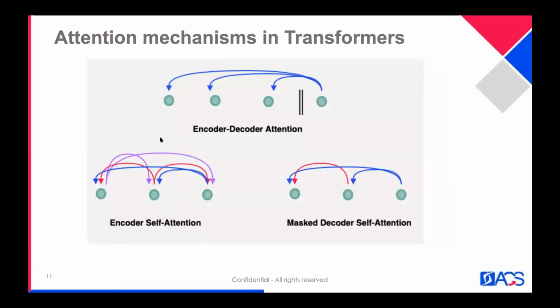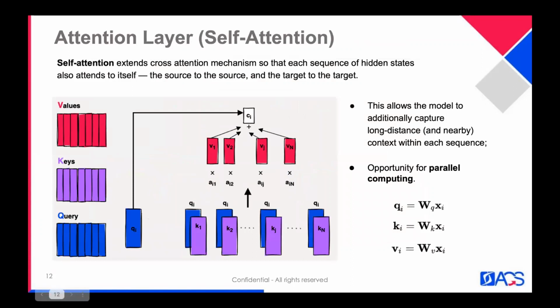Just to recap, we have three different attention mechanisms. We have already seen the encoder-decoder attention, or cross attention. These are quite similar, so now we will see the self-attention. The self-attention extends the cross attention mechanism, so that each sequence of hidden states can also attend to itself: the source to the source and the target to the target.